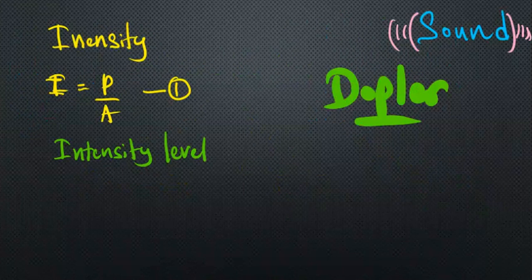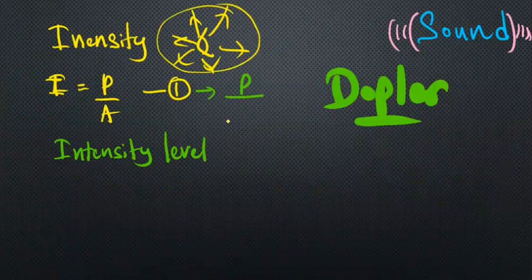If we consider the source as a point object, the sound distributes in a spherical shape. So the total area is the area of a sphere, so intensity is power divided by 4 pi r squared. From this we use this equation as well: intensity I is proportional to 1 over r squared.